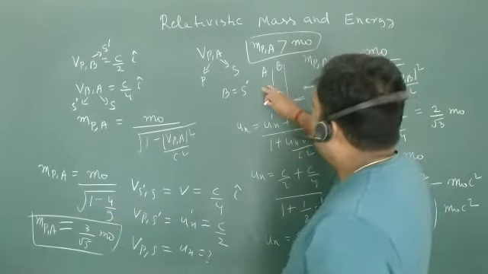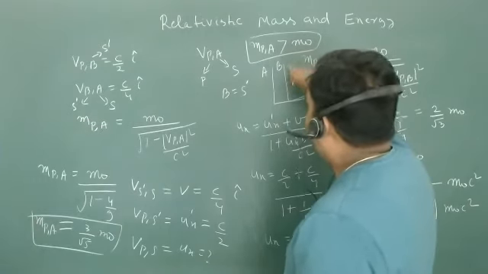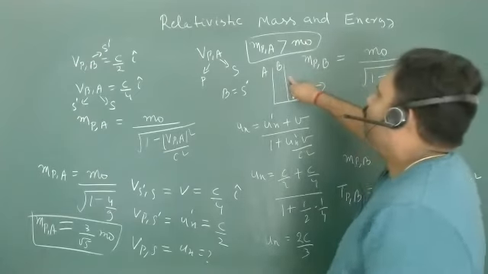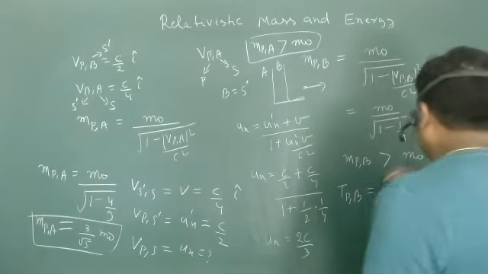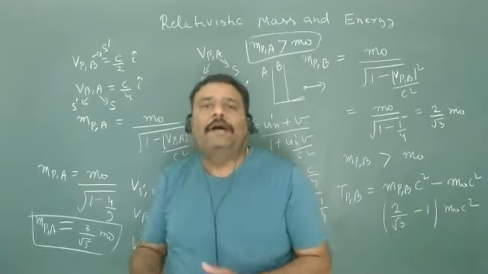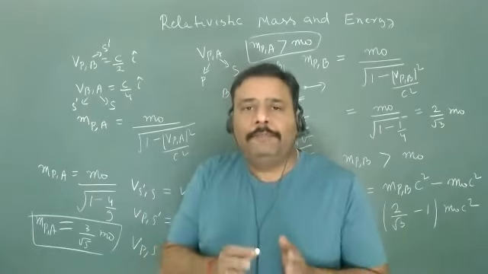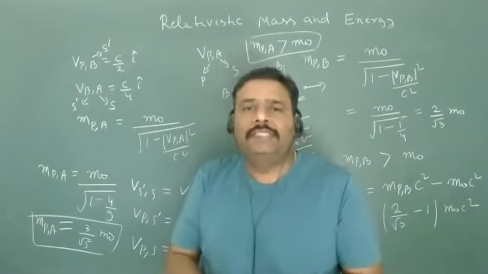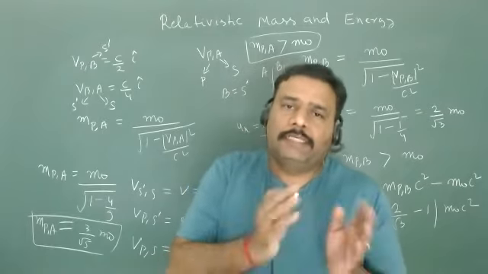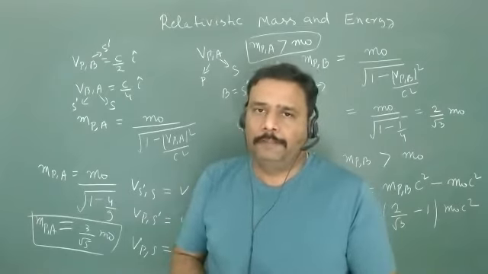And if I want to check whether the observer attached to B is correct or not, then I have to shift to that frame and measure this. So don't think it is some kind of hypothetical situation. We have to always appreciate what the frame is and what the relationship of the mass is with that particular frame. This is the most important thing.